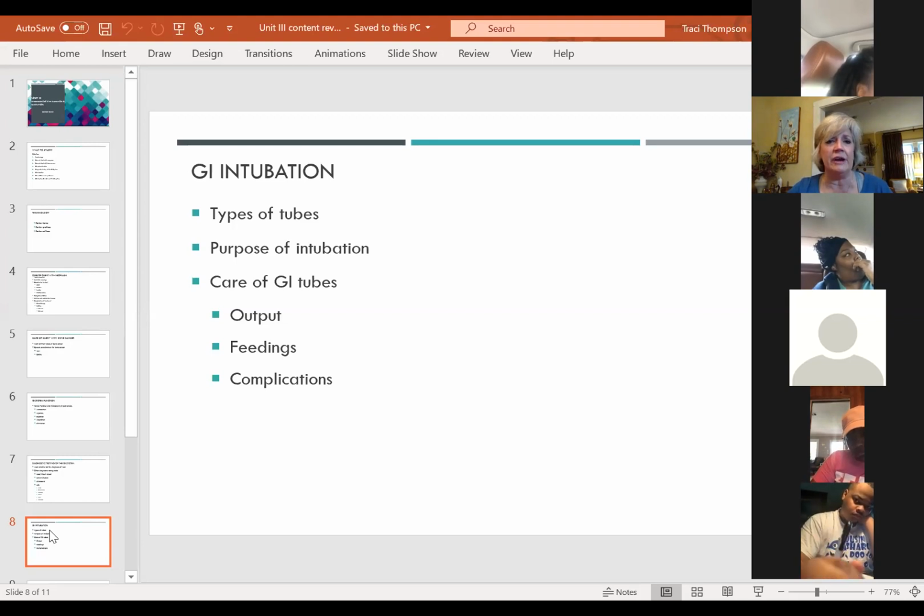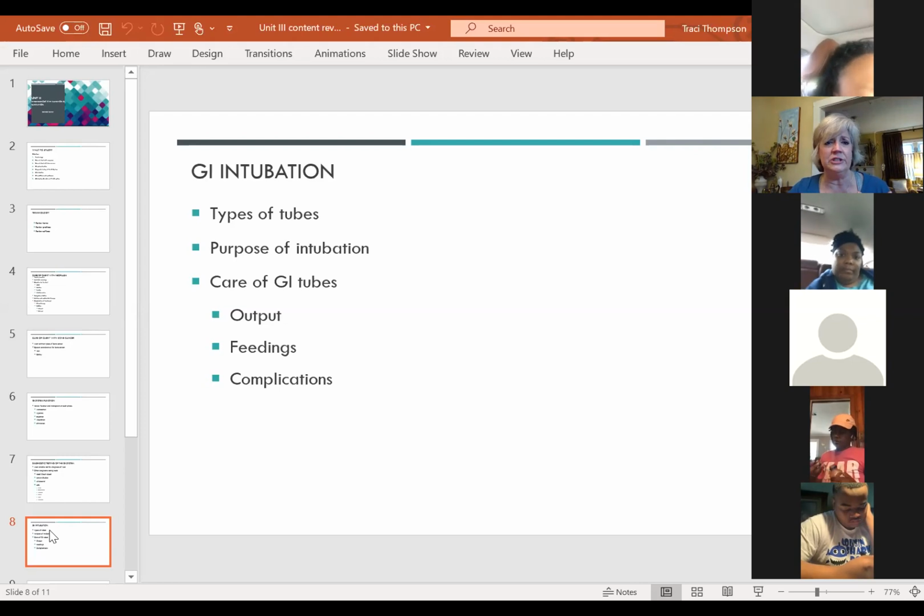And then how to care for a GI tube: monitoring the output, how to do feedings, if you're going to check a residual before feedings, what degree you're going to set a patient up for feedings, if you're going to flush with any water, and then complications that may arise from inadequate feedings, such as if the patient is aspirating, we may hear adventitious lung sounds.